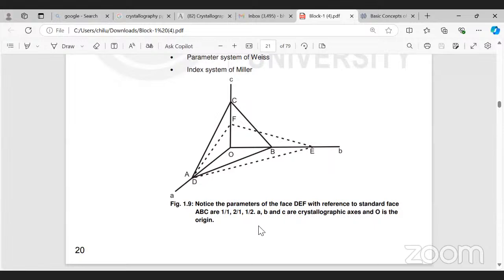So here the small a, b, c are the crystallographic axes, originating at the point O. You see these lines, the connector lines, create a face.